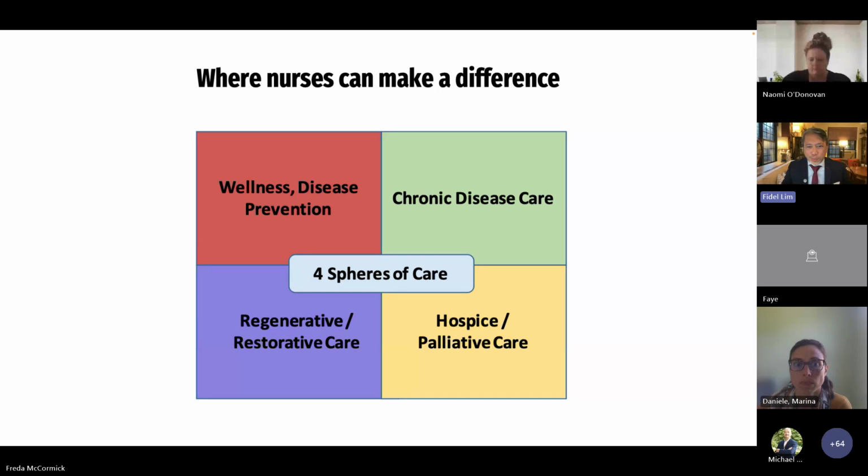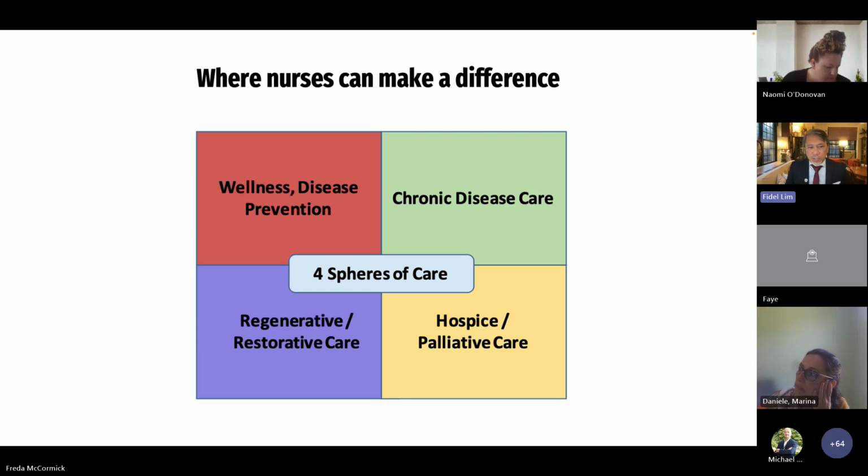Eat 5 servings of fruits and vegetables a day, drink a lot of water, or check your blood pressure, those types of things. So it's not different. And chronic disease care. So here we're talking about the usual suspects of dementia, heart disease, cancer, and I want them to sort of understand what is the LGBTQ scenario, how is it going to change the chronic disease care?